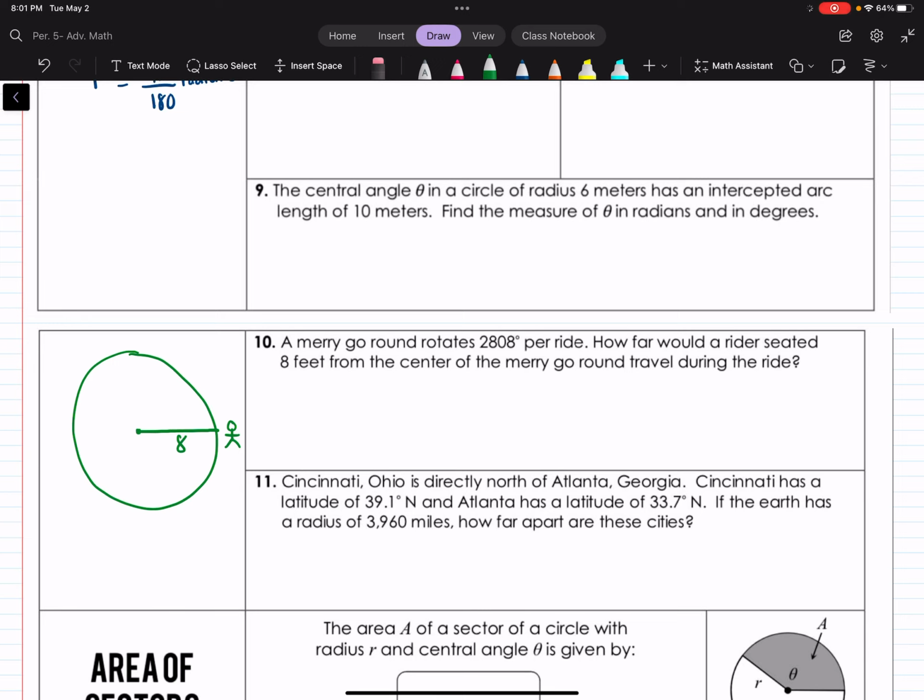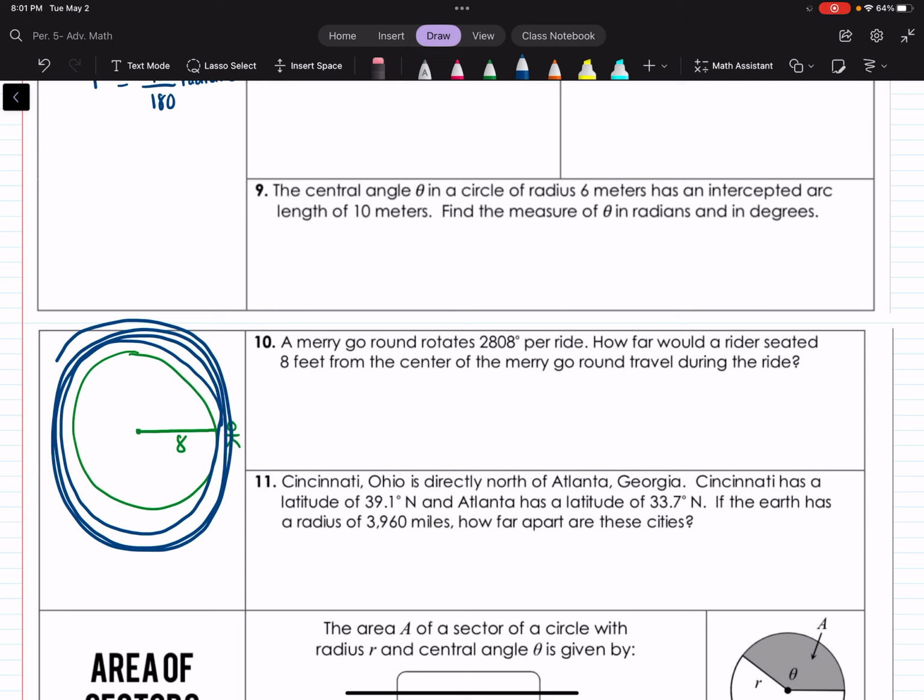So obviously, are they going around more than once? They definitely are, right? Because all the way around is 360, but they're going again and again and again. They're going up until 2,808 degrees.